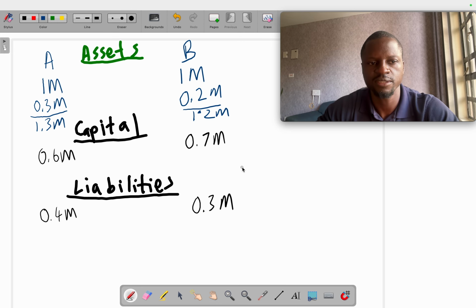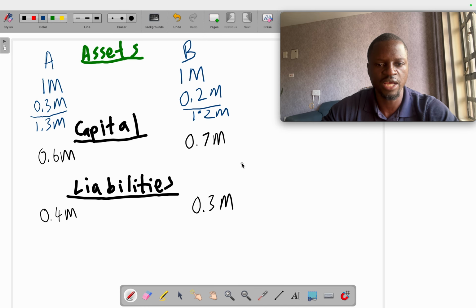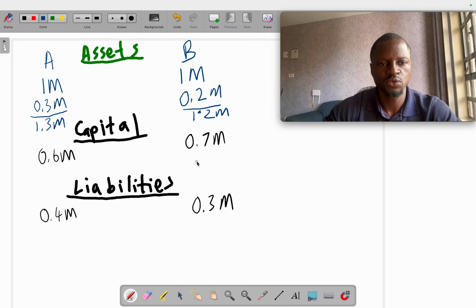So what happened here? We didn't go to liabilities to get more loan, neither did the business owners contribute more cash from their pocket to get that increase. So definitely this increase must have come from offering some kind of additional value to the market, using that 1 million to operate the business in a way that creates more value to the market.